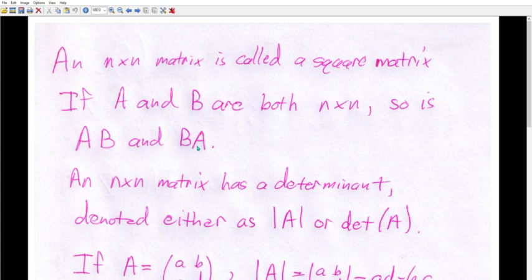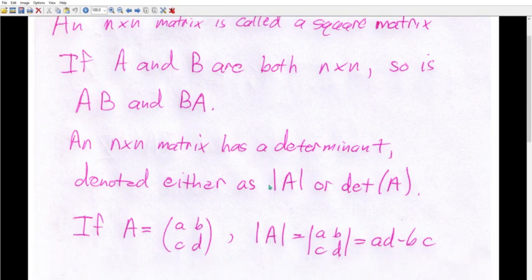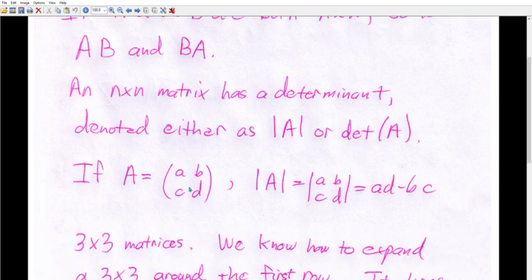Now, a property that is important about an n by n matrix is that it has a determinant. And we denote this either by absolute value bars around A or det parens A. Now, you have some familiarity with this already. If A is a 2 by 2 matrix, A, B, C, D, then the determinant of A is AD minus BC.